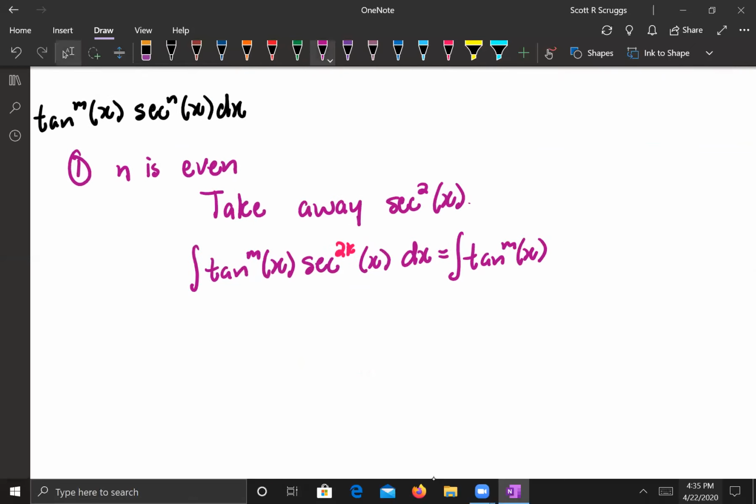I'm going to take away a secant squared to marry to dx, which means I'll have left behind a secant squared of x raised to a k minus 1 power, and that secant squared of x is married with dx.